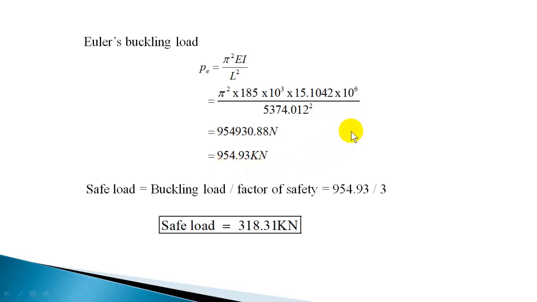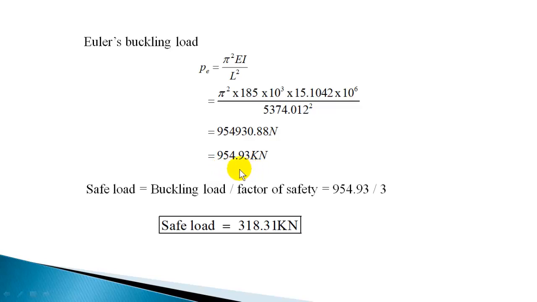If you calculate the crushing load, it is sigma C A, that is, yield stress into area of cross section. The buckling load will be less than the crushing load given by sigma C A. You can calculate it and check that it is greater than this, because we have checked the validity of Euler's formula.